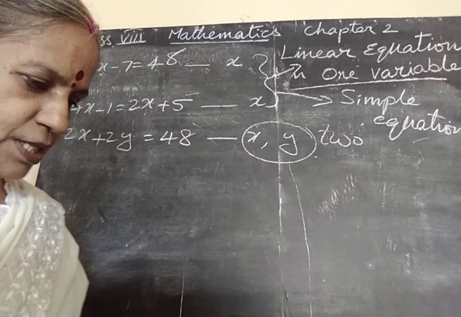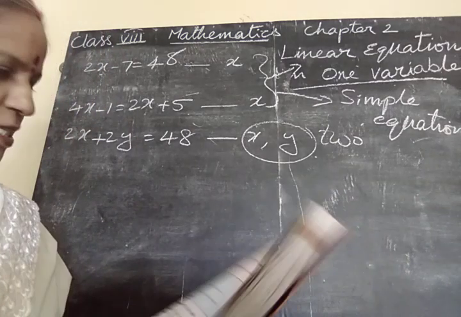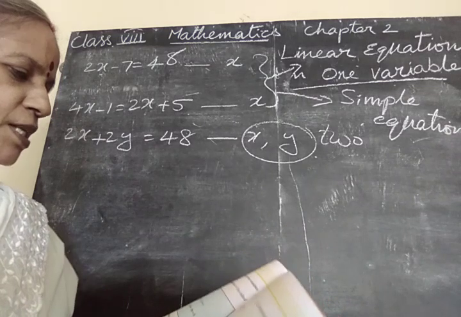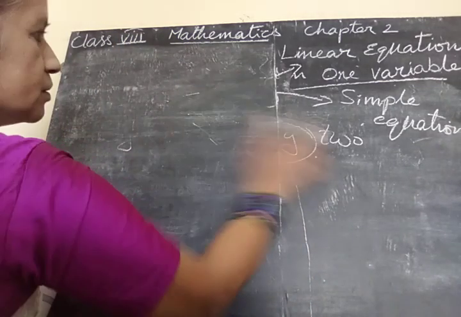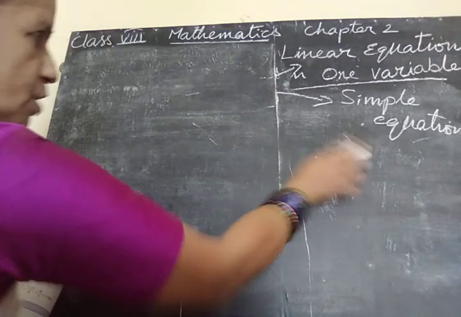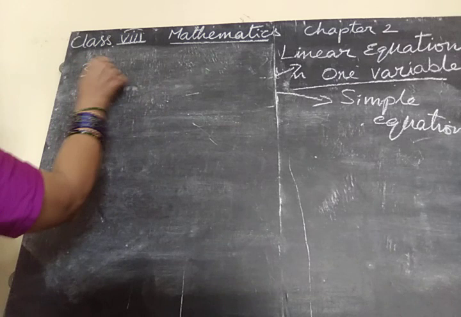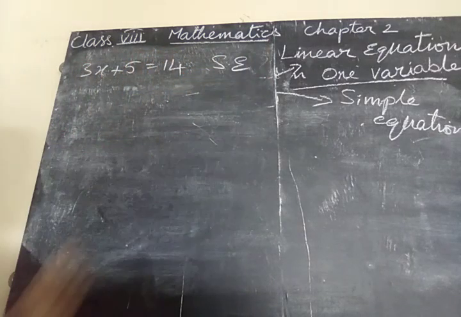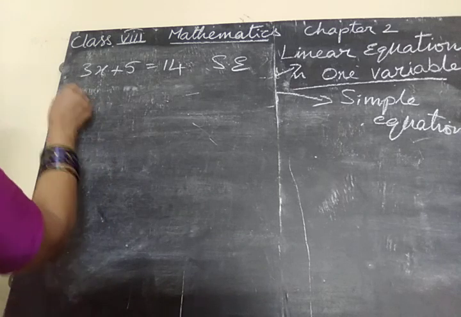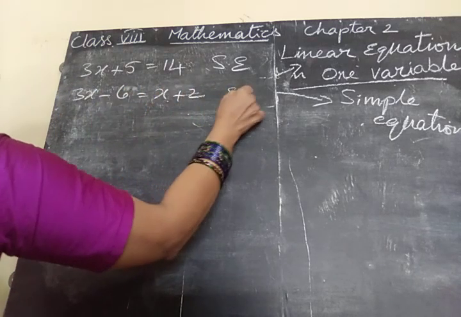Now see, do this, page number 36. Which of the following are simple equations? 3x + 5 = 14. Is it a simple equation? Yes. And 3x − 6 = x + 2. Simple equation only, na?